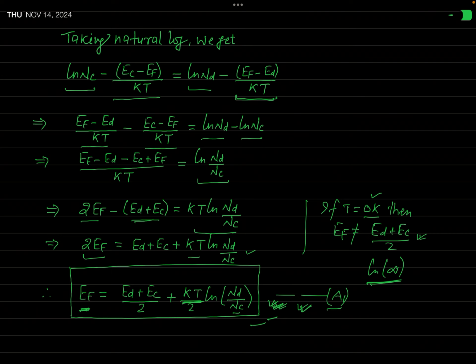A question may be asked in any interview, that can an extrinsic semiconductor like an N-type semiconductor behave like an intrinsic semiconductor? Answer is yes. It is possible that an extrinsic semiconductor may behave like an intrinsic semiconductor.